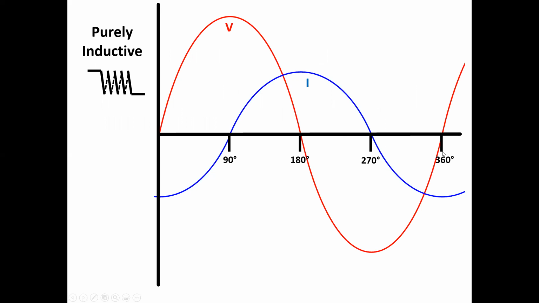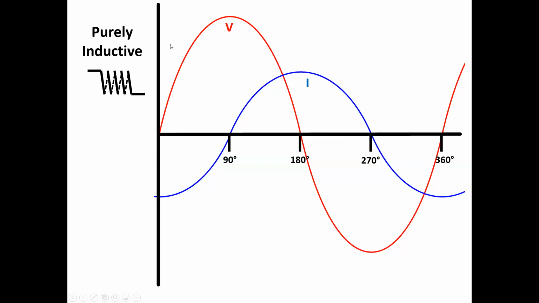In a purely inductive AC circuit, we know that the voltage and the current will be out of phase with one another. And the degree to which they are out of phase is exactly 90 degrees. So that means that the current will reach its peak 90 degrees after the voltage has reached its peak. And the other term that goes along with a purely inductive AC circuit would be that the current here lags the voltage.